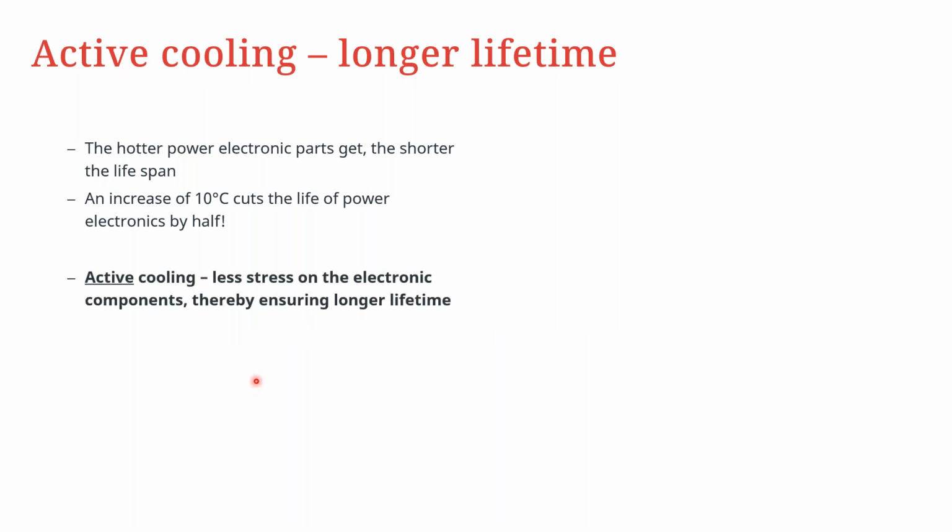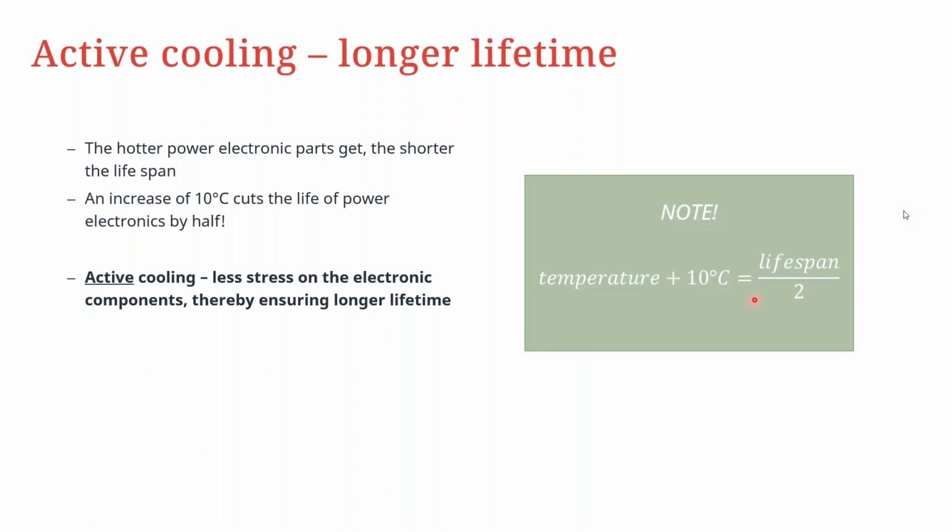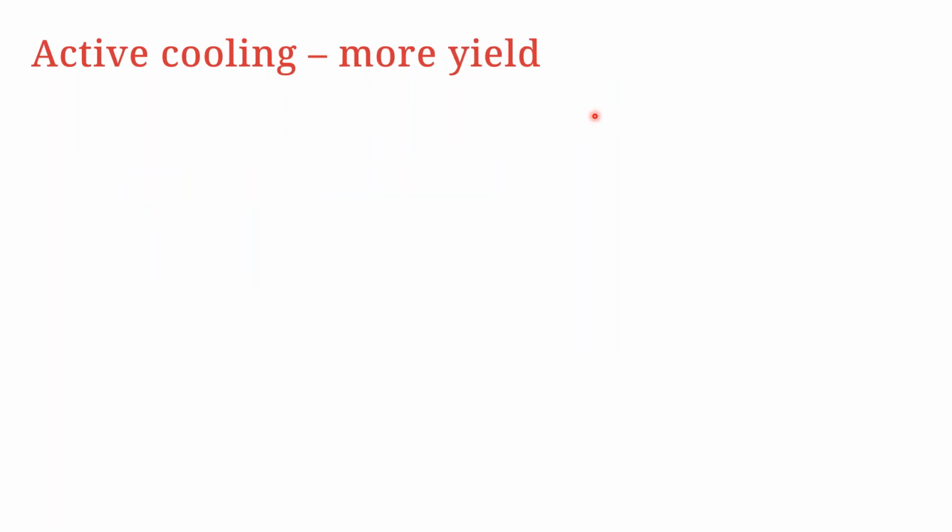Therefore active cooling guarantees that you have less stress on the electronic components, and therefore you can have optimal, or let's say desired, service life out of that particular gadget. This equation basically explains the fact that for every 10 degrees increase, the life of this gadget is cut by almost half.